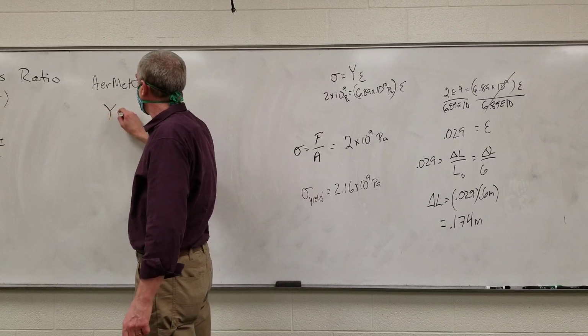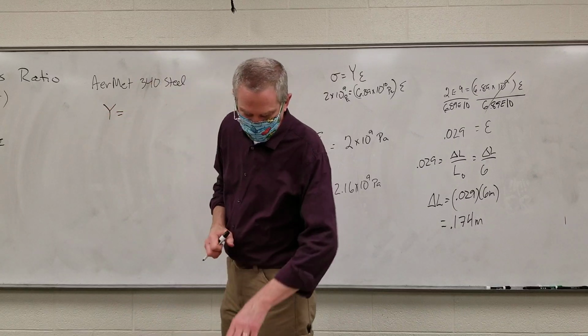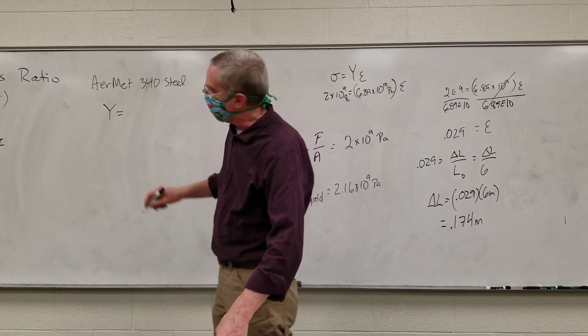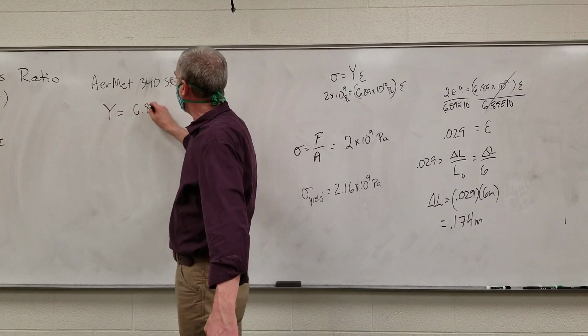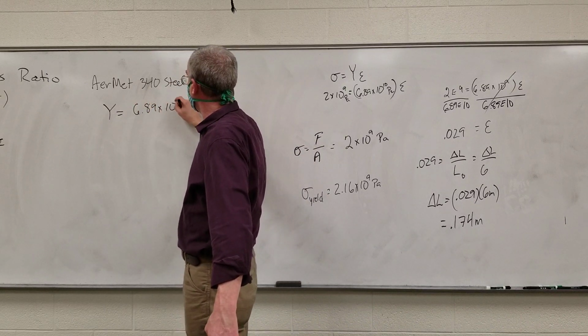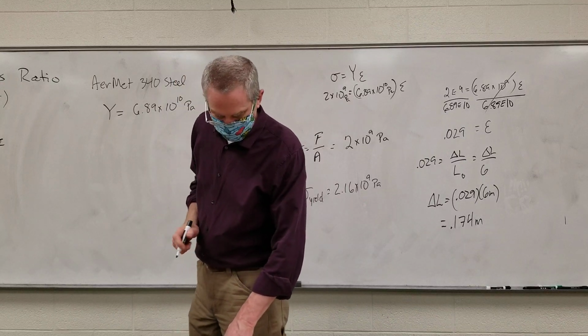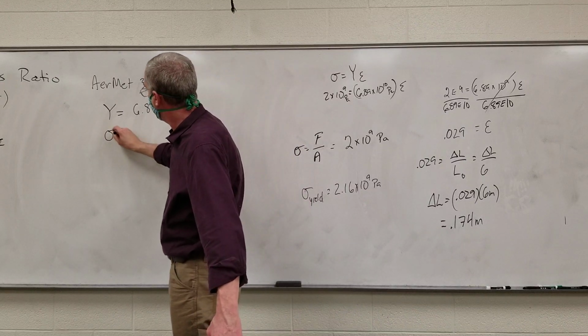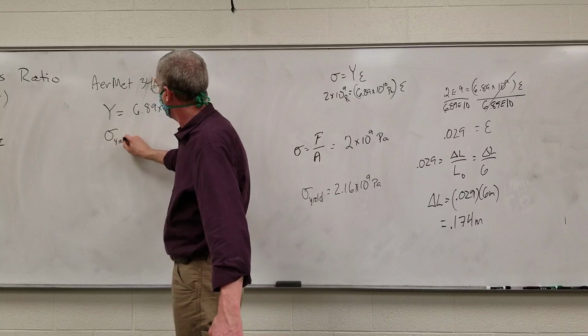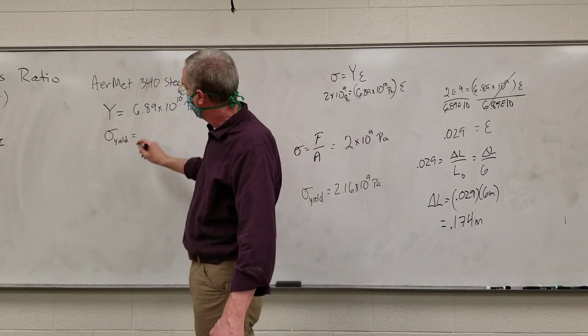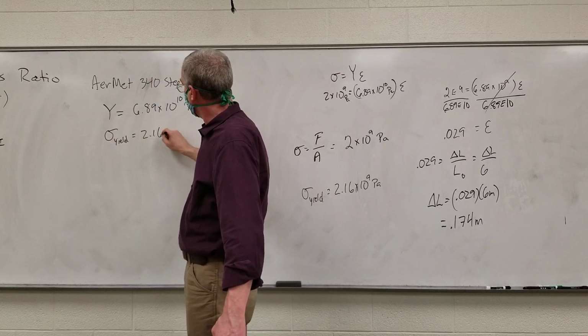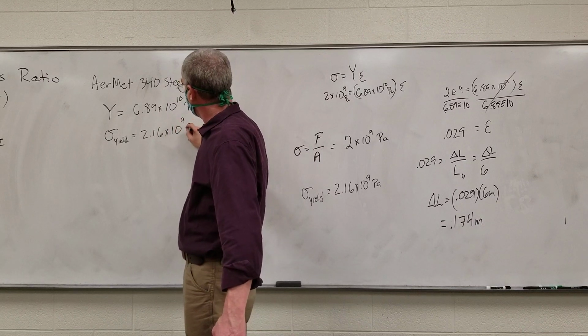We have Young's modulus, the one that I'd written up before. That's 6.89 times 10 to the 10th pascals. Yield strength, 10.16 times 10 to the 9th pascals.